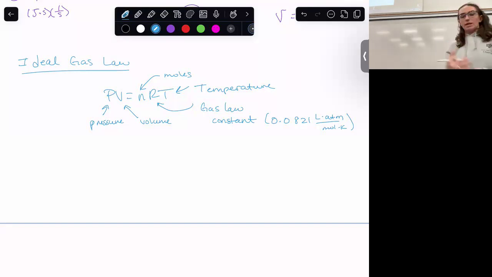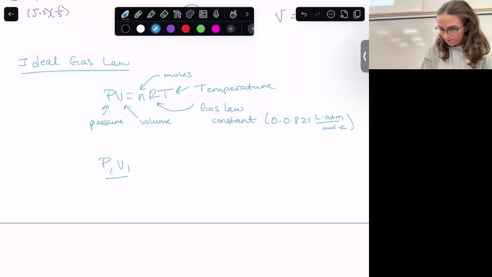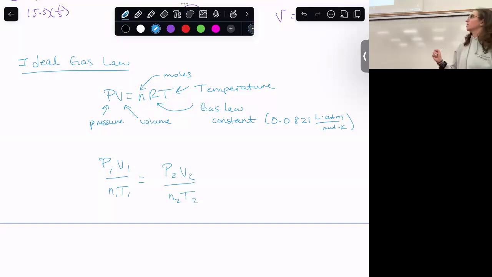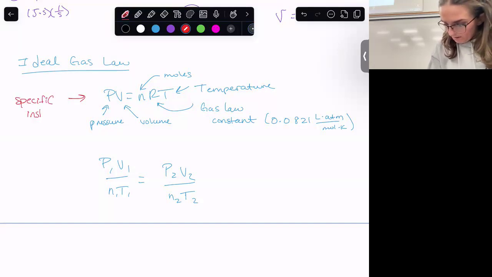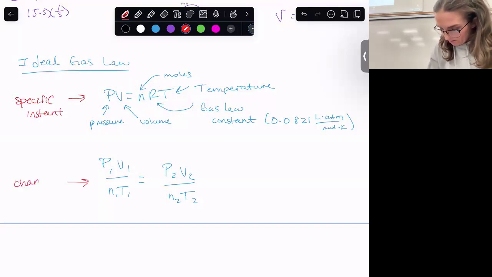If you're going to change your states, then R stays the same. So then P1V1 over n1T1 is equal to P2V2 over n2T2. Okay, so this is for a specific instant, and then this is for changing conditions.